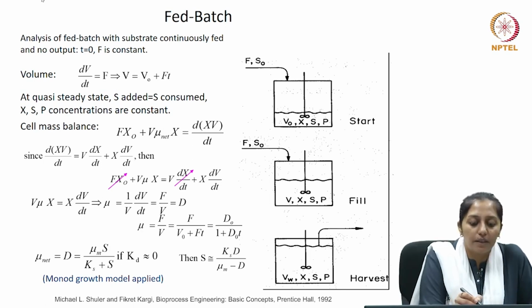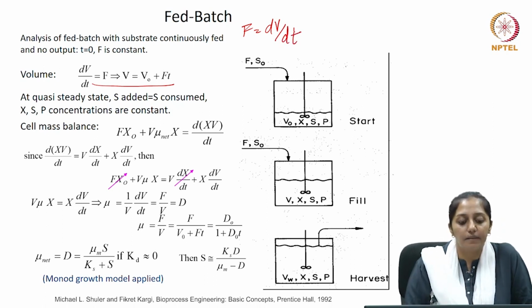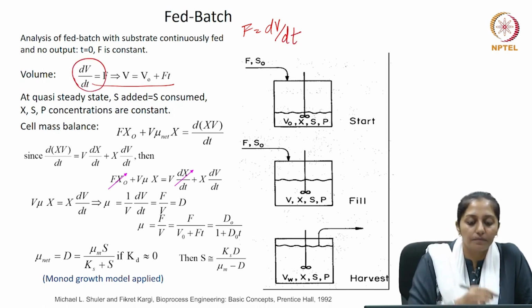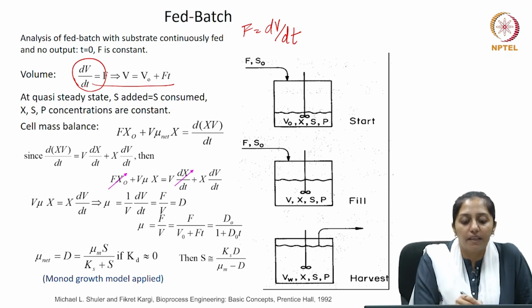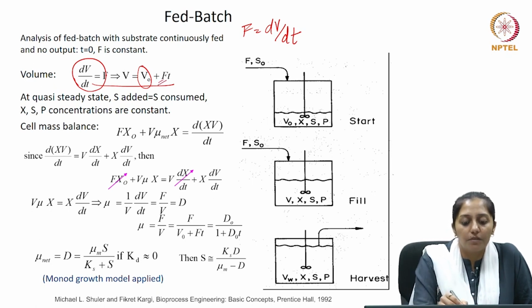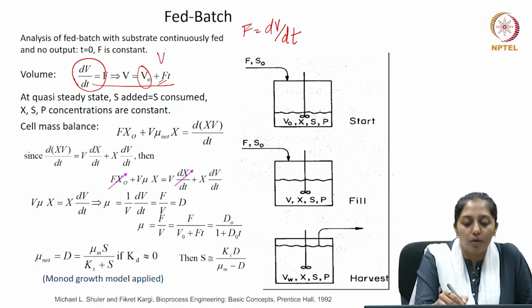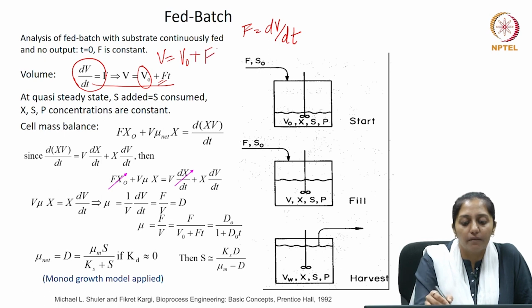Can you see the first line? It is a volumetric flow rate. So, it is dV by dt as given here. Now, if you integrate this and assume that the initial volume inside the reactor is V naught, then because of the continuous feeding entering the reactor, your volume will keep changing as a function of the flow rate and time.